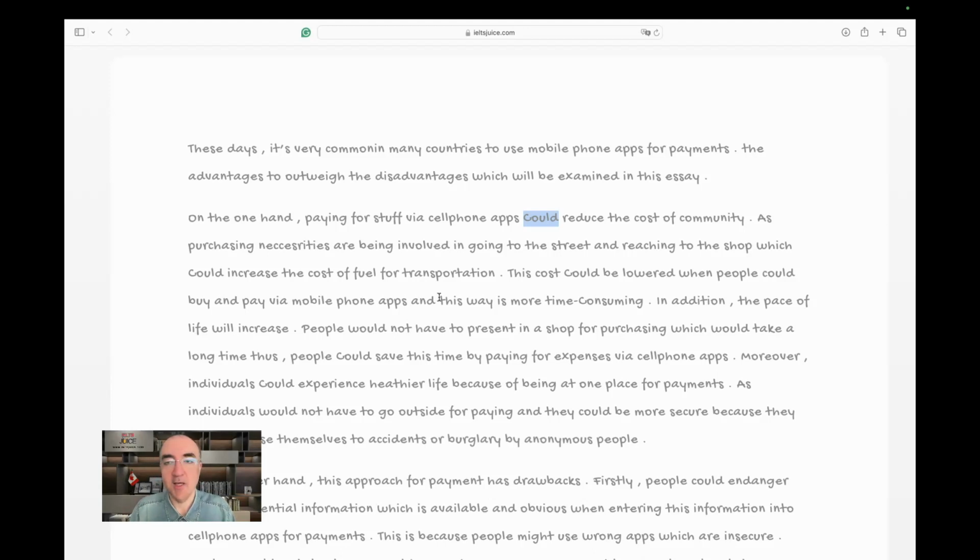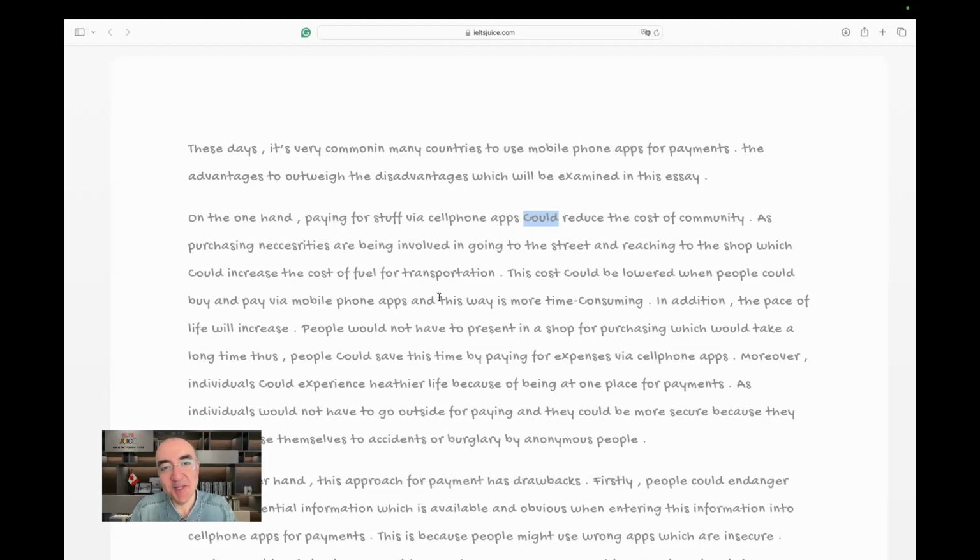Yeah, okay. The cost of commute. As purchasing necessities, you just need to pay attention to the spelling. I'm putting the spelling over here.